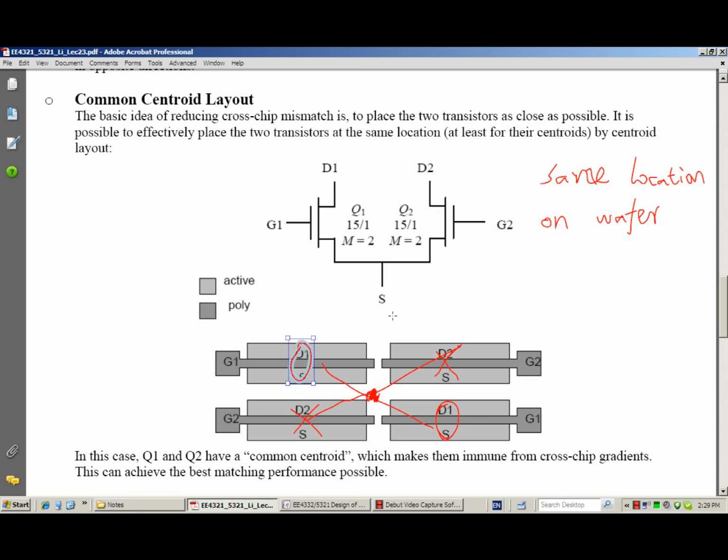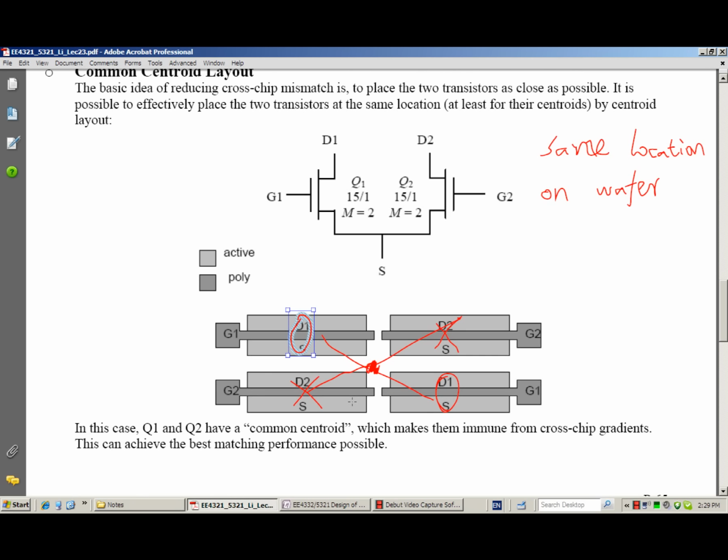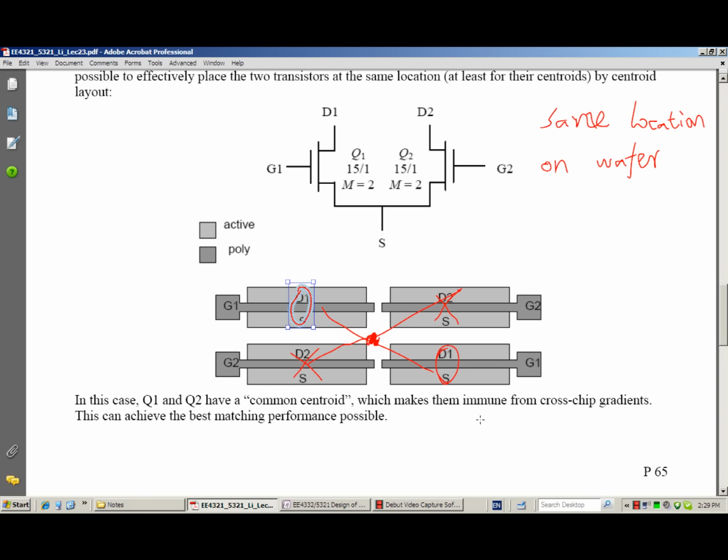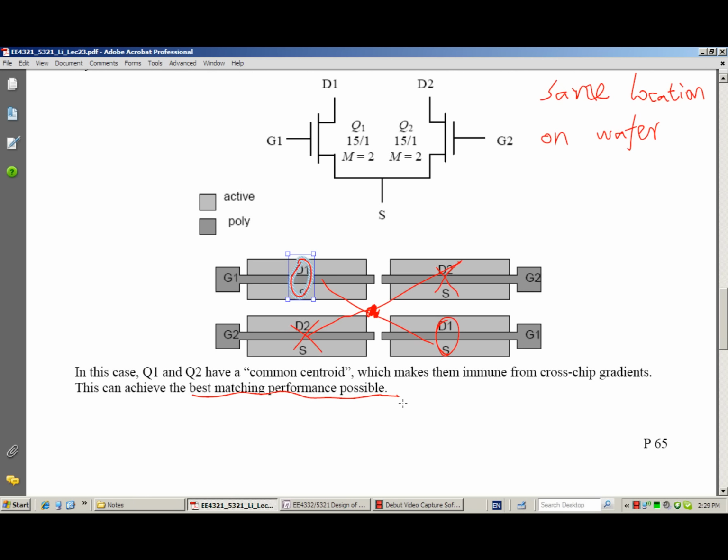So in this way, we effectively have put two transistors at the same location, at least for the centroid, on the wafer, and this makes good matching. And actually, this can achieve the best matching performance possible.